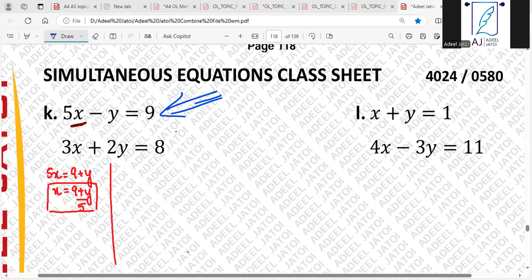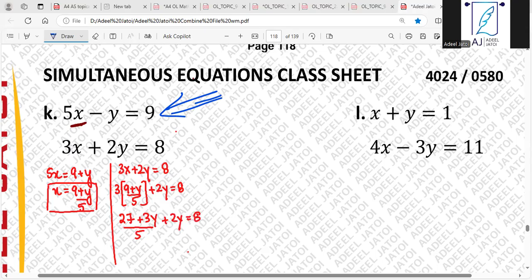Your second equation is 3x plus 2y equal to 8. Substitute 9 plus y upon 5 in place of x: 3 times (9 plus y upon 5) plus 2y equal to 8. This can't be cancelled, so 9 times 3 is 27 and 3 times y becomes 3y, upon 5 plus 2y equal to 8.